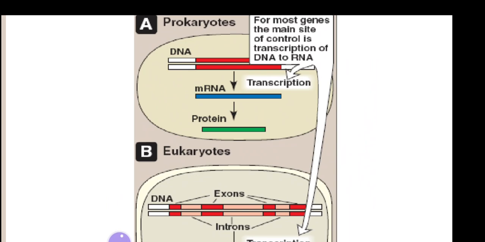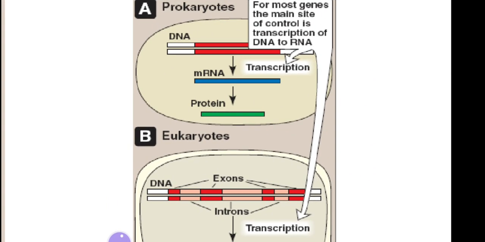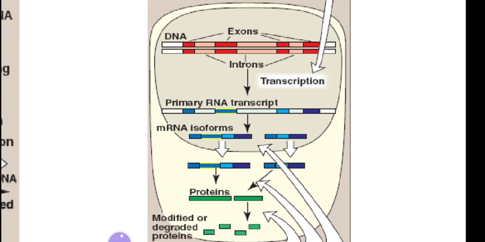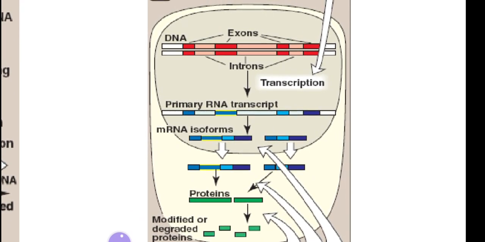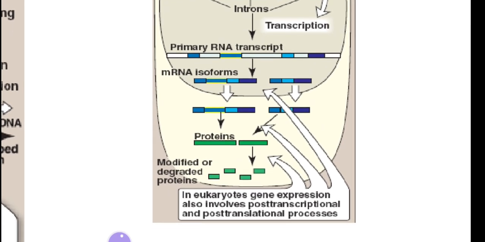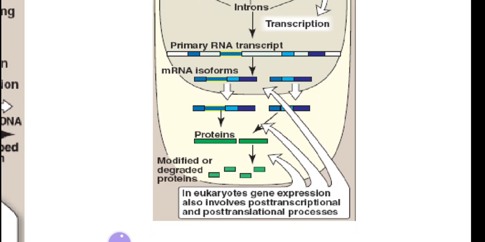So in the prokaryotes, the regulation is primarily at the transcription level. Also in the eukaryotes, transcription is the main site of regulation, but in the eukaryotes, gene expression is also controlled at post-transcriptional and post-translational processes.